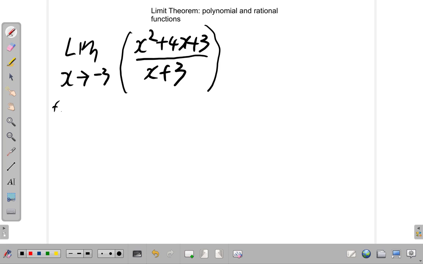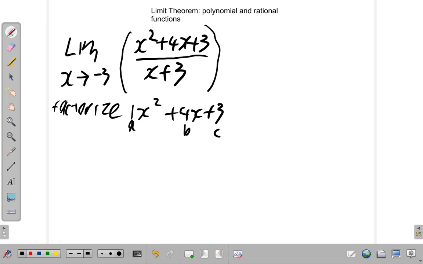So suppose we factorize x squared plus 4x plus 3. One quick method is the AC method. The number that multiplies x squared is 1. In the form ax squared plus bx plus c, a is 1, b is 4, c is 3.